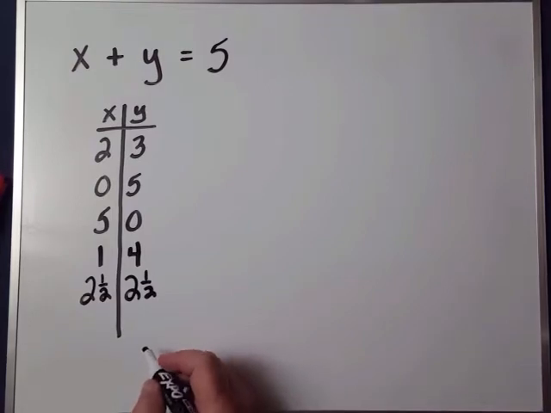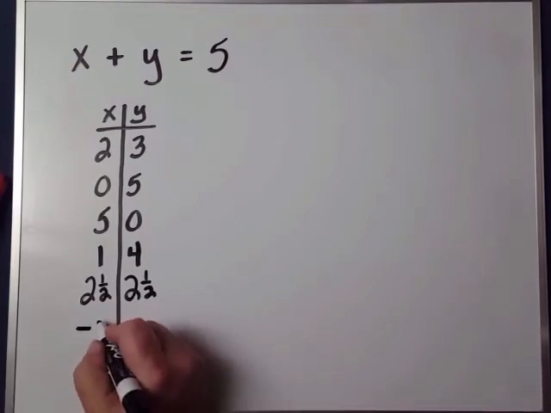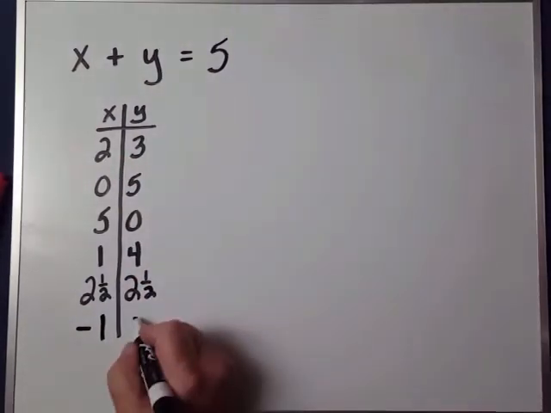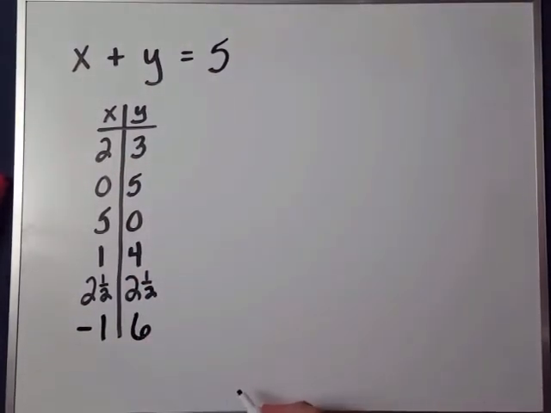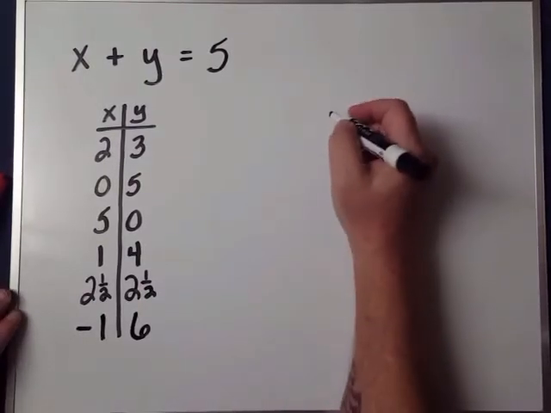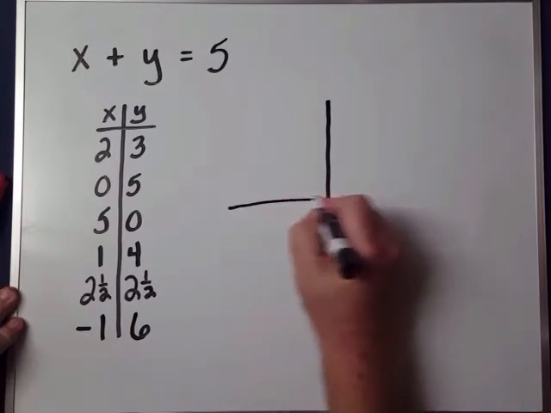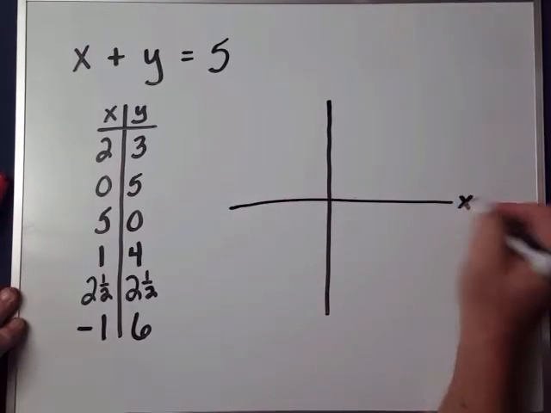When x is -1, y would have to be +6. And so we have several points. Let's plot those points on our coordinate plane. Again, we want to try to do this as neatly as possible.